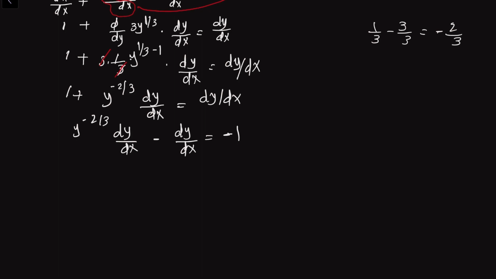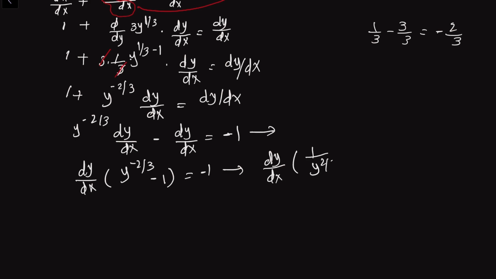Then let's take dy over dx as a common factor. So that ends up as y to the negative 2 over 3 minus 1 equal to negative 1.